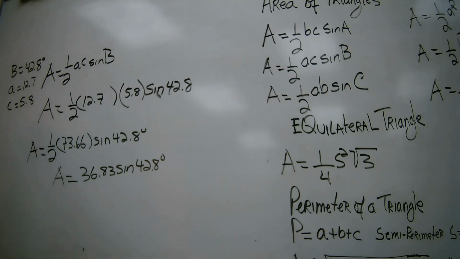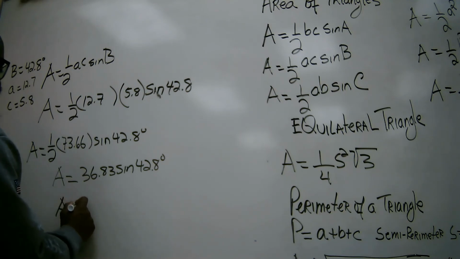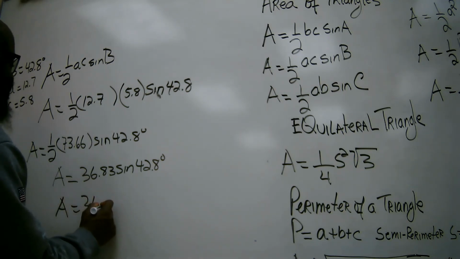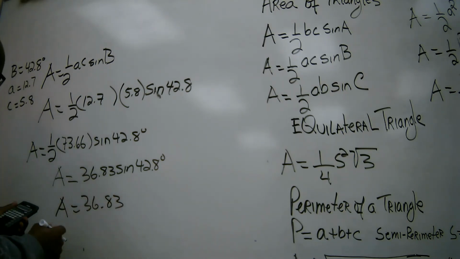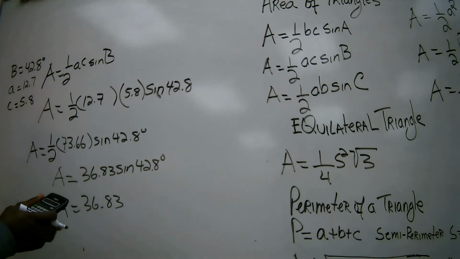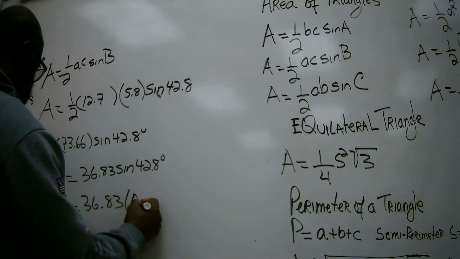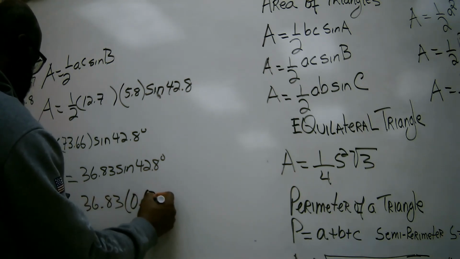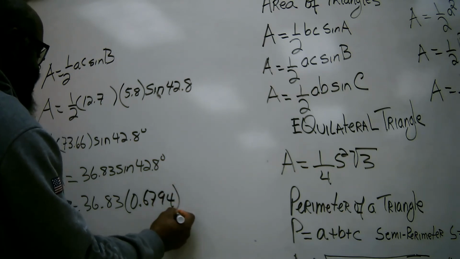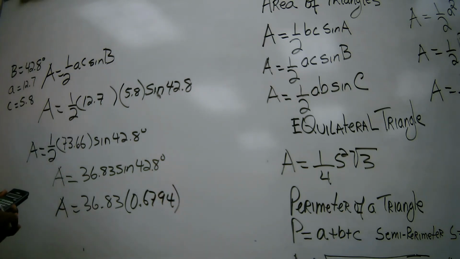Since we need to round this, we're going to replace what sine of 42.8 is. You press 42.8 and sine, and it tells me it is 0.6794, then multiply by 36.83, and you get your area.